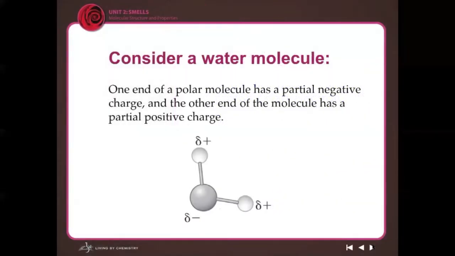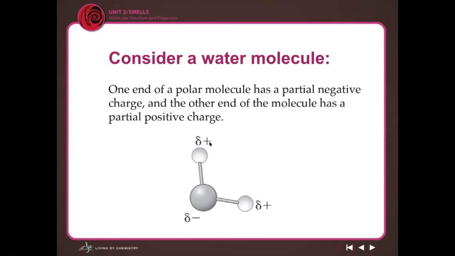So if we consider a water molecule, we can see that this big ball here would be the oxygen. These two smaller ones would be the hydrogens. There's a lone pair of electrons sitting out here on the oxygen. So we draw a delta minus, meaning negative charge exists.